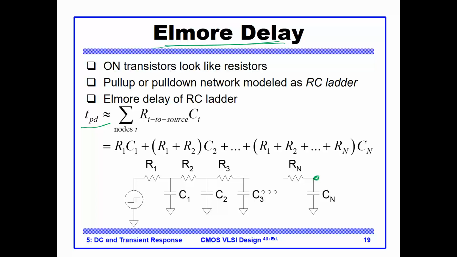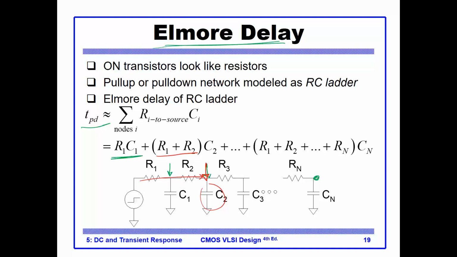Elmore said the following: first, you have to charge this node, and to charge this node, you need R1 C1. Then we need to charge this node, and to charge this node, you need R1 plus R2 times C2, the capacitance at this node.